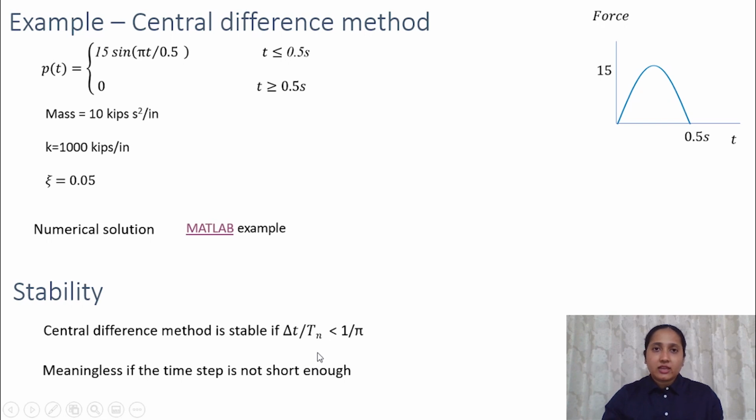So the response values we get through this method, if the time step is not small enough, will be meaningless. Whenever we are using the central difference method, we need to make sure that our time step is smaller than 1 by pi times the natural period.